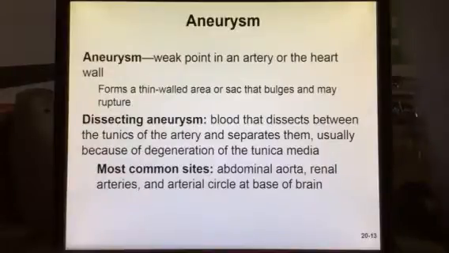An aneurysm is a weak point in the artery or in the heart wall. The artery can have that weak point, and there can be a sac that bulges and could potentially rupture. Normally we see this in the abdominal aorta, the renal arteries, and the arterial circle at the base of the brain.